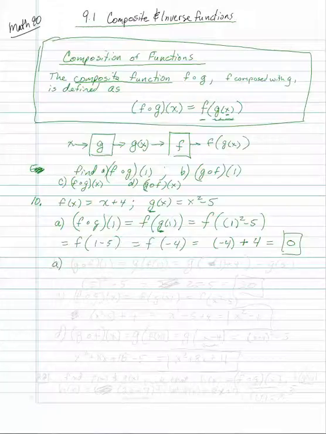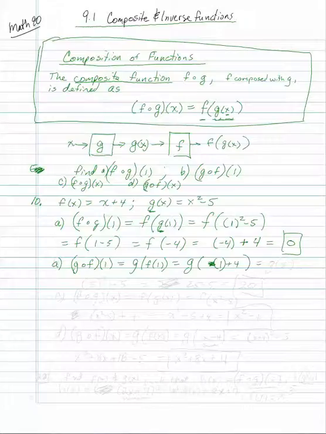For B, I'm going to switch it around. G composed with f of 1. By definition, it's g of f of 1. We're going to plug the 1 into the f function first. So the f function is, you take x, which in this case is 1, and add 4 to it.